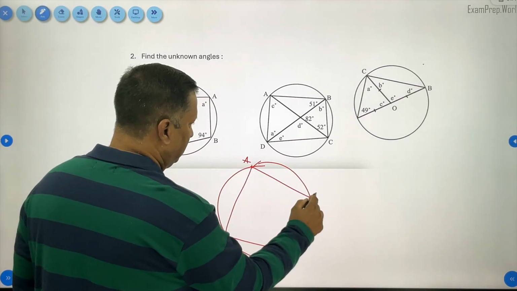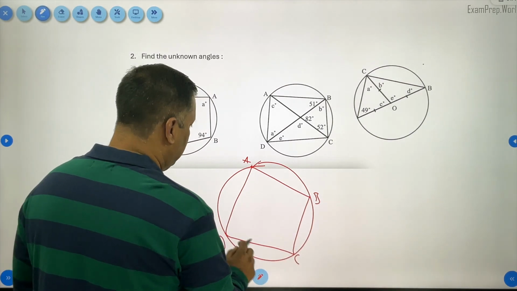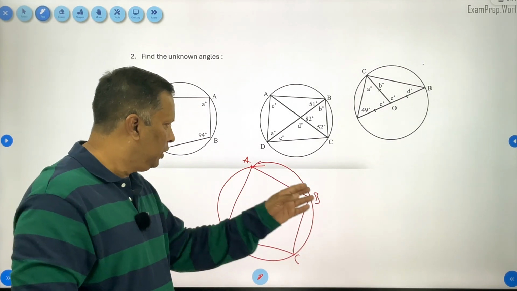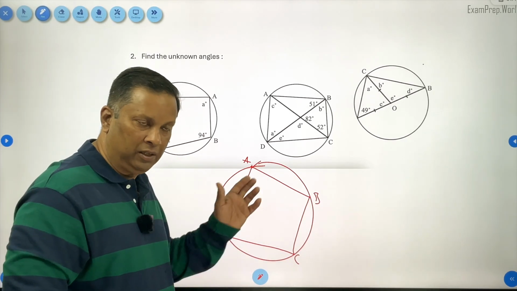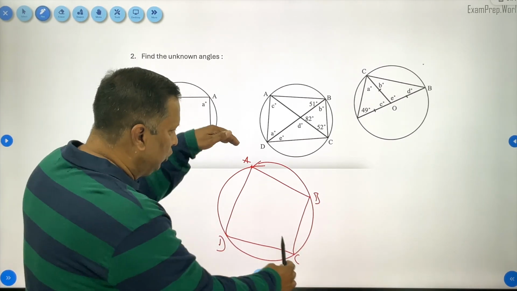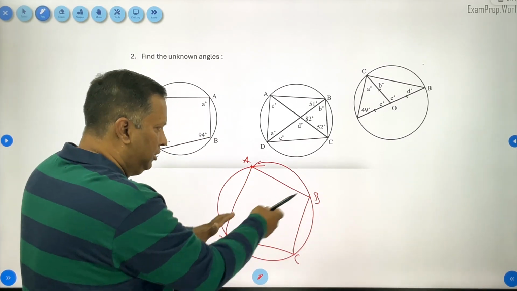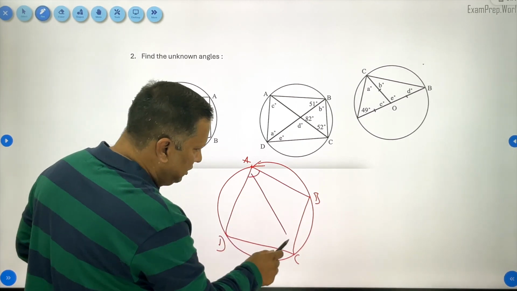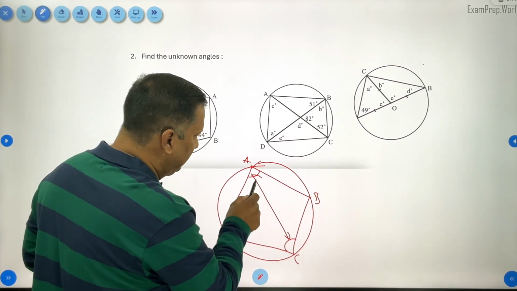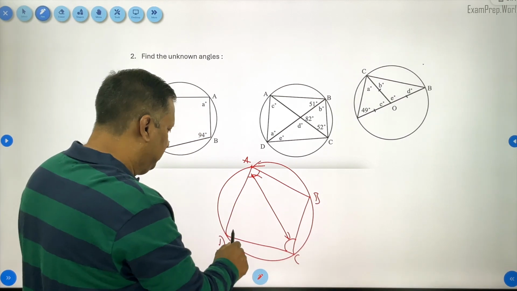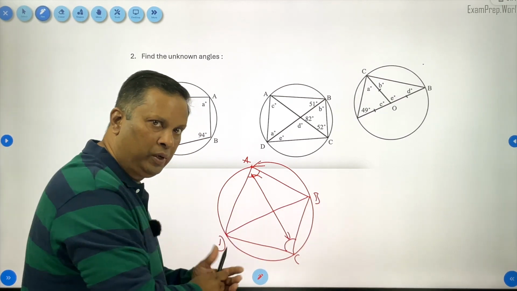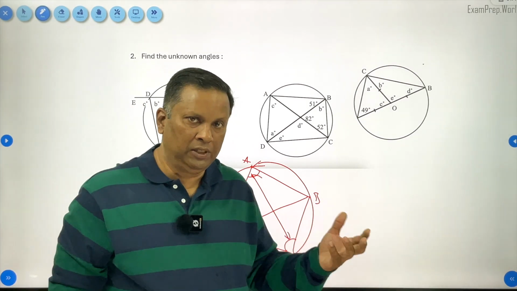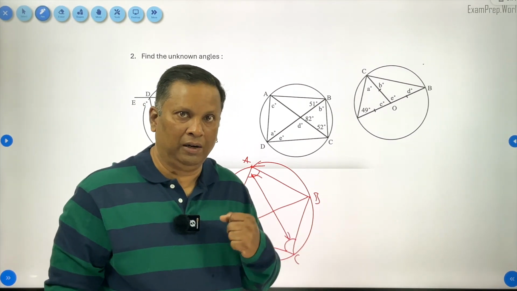So A, B, C, D. Whenever you have a cyclic quadrilateral, whose four vertices are touching the circle, then opposite angles A and C, and B and D, will be supplementary. So this plus this is 180 and D plus B is also 180. So the theorem is: opposite angles of a cyclic quadrilateral are supplementary.